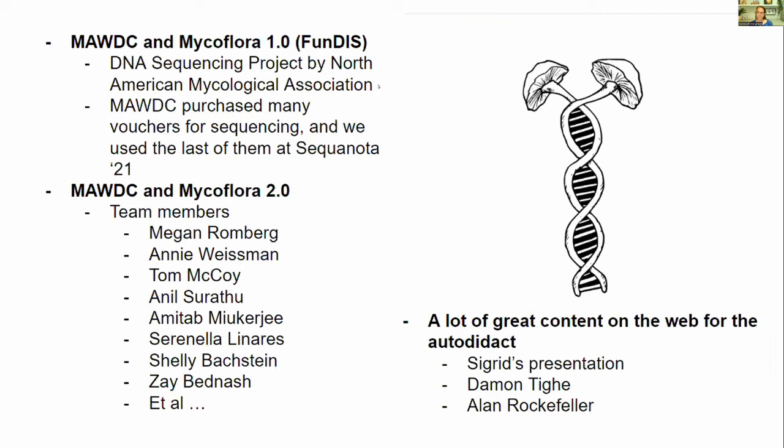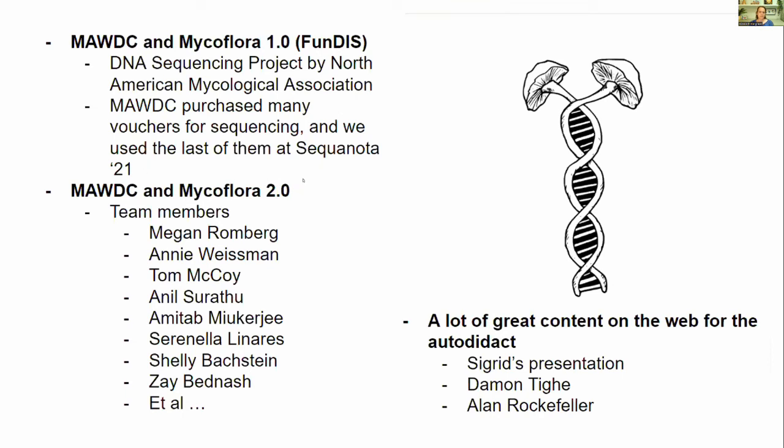I think it had very great expectations, a really wide idea of what they were going to be able to achieve. I'm not sure they achieved everything that they set out to, but they still sequenced a lot of material. For our club specifically, I just sequenced the last vouchers that we had at our Sequinota foray last fall.